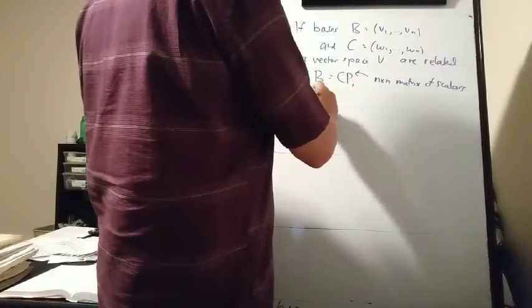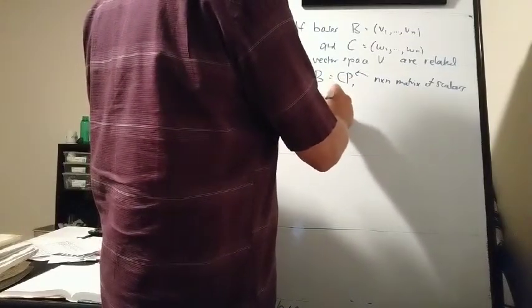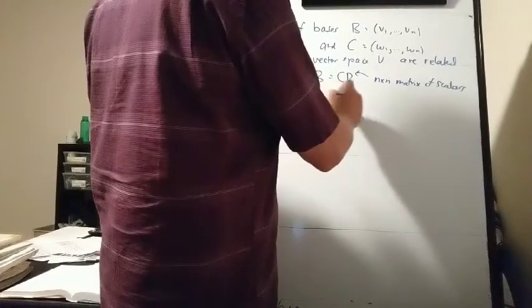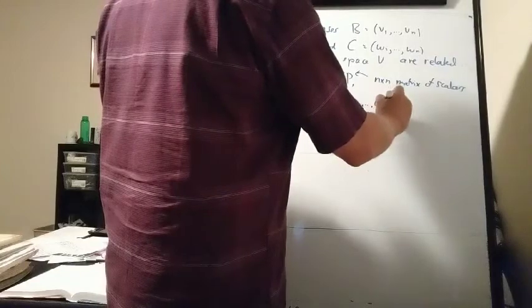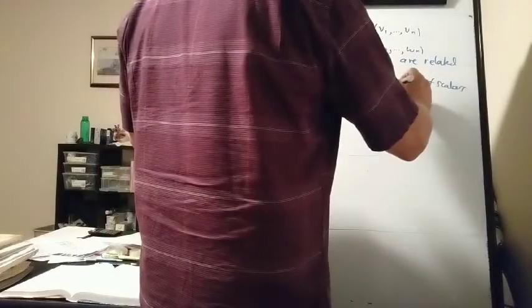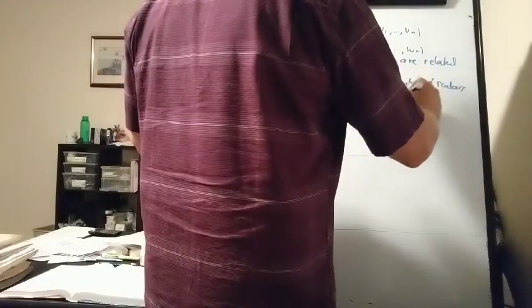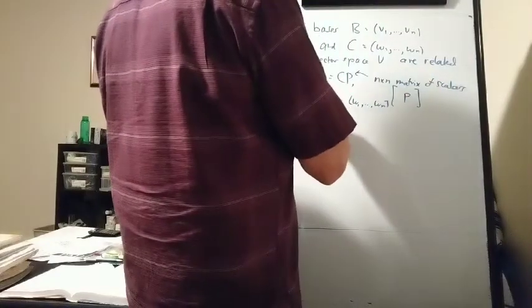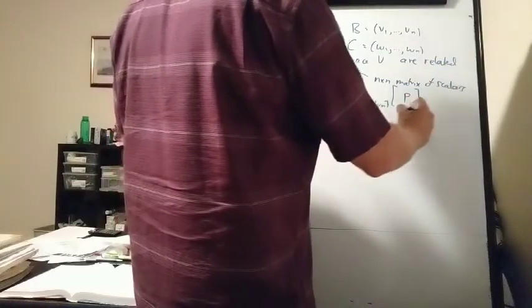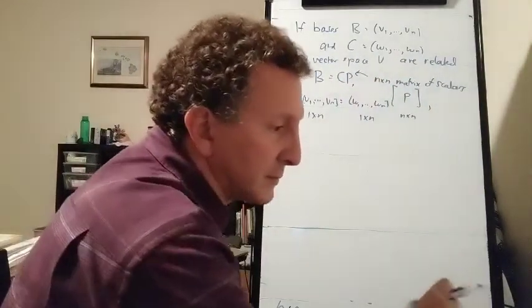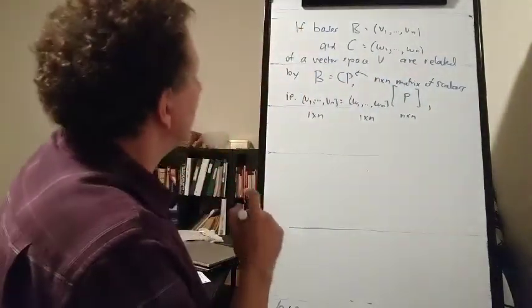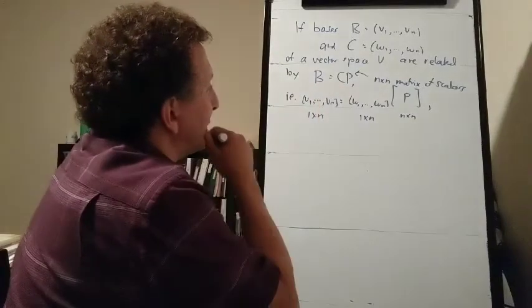So this means that V1 through Vn equals W1 through Wn times this matrix P. This is 1 by n, 1 by n, and n by n. Okay, so two bases are related that way.